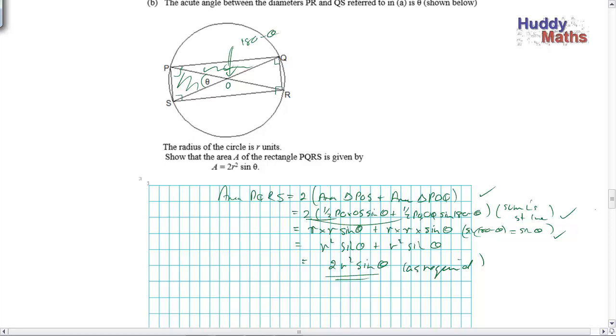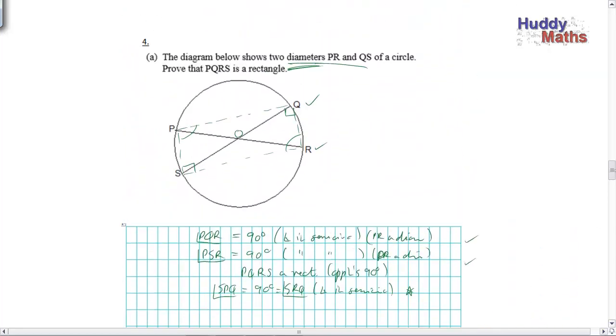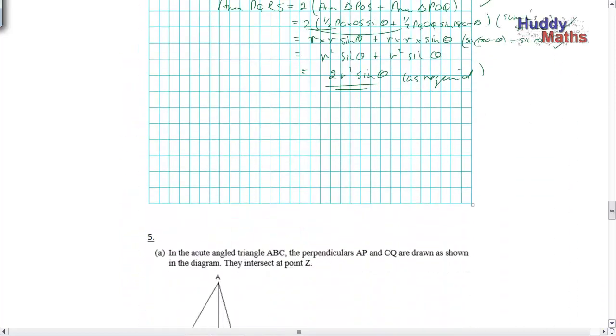So that's out of 3, and the one up here was out of 2. So for the whole question, give yourself a mark out of 5. How are you going there? Getting a few, I hope? 2 questions to go. Let's see how we go with those now.